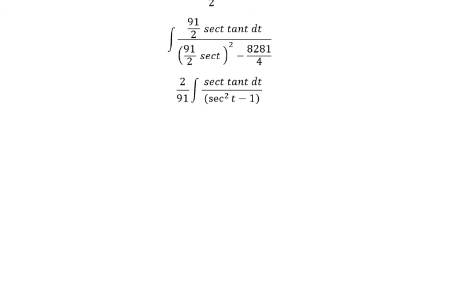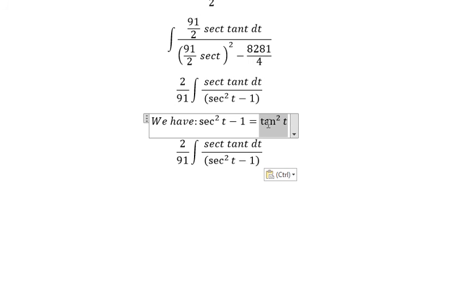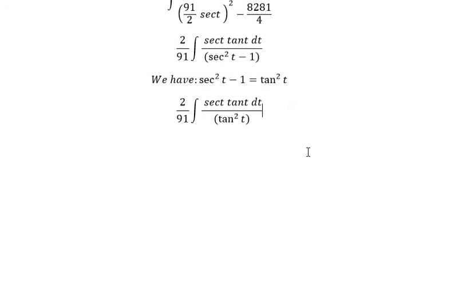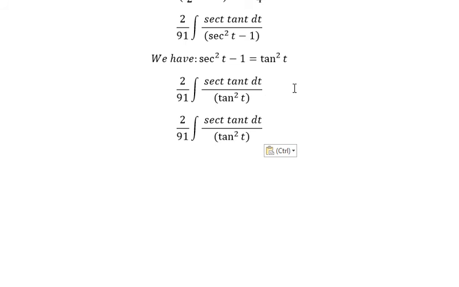We have secant of t to the power of 2 minus 1 equal to tan t squared. So we put this one in here.